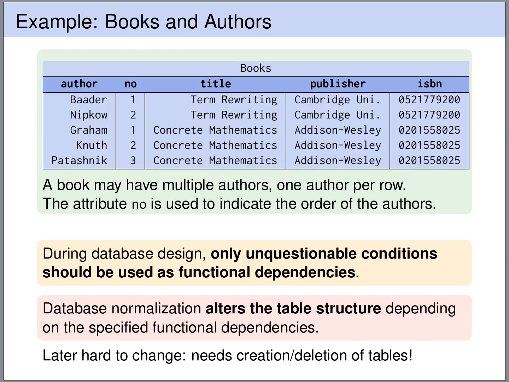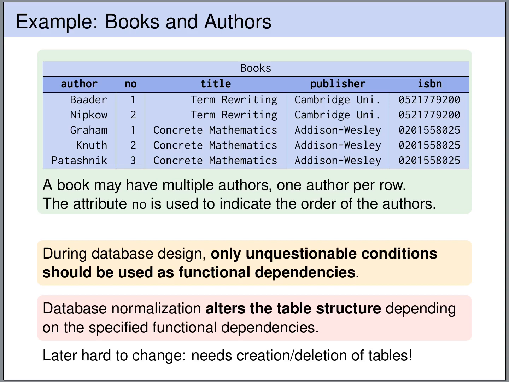During the database design, we should really only use those functional dependencies that are unquestionable. The database normalization changes the structure of our tables, the structure of our database schema, depending on the functional dependencies.